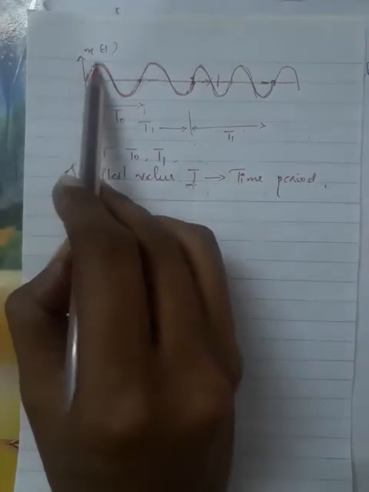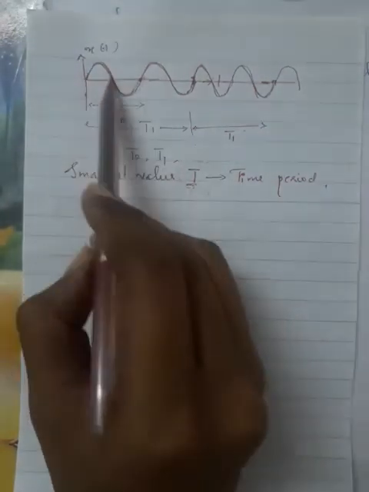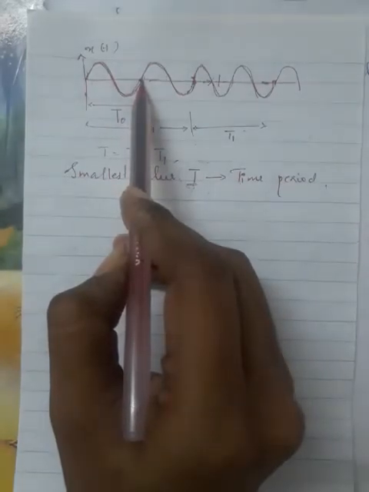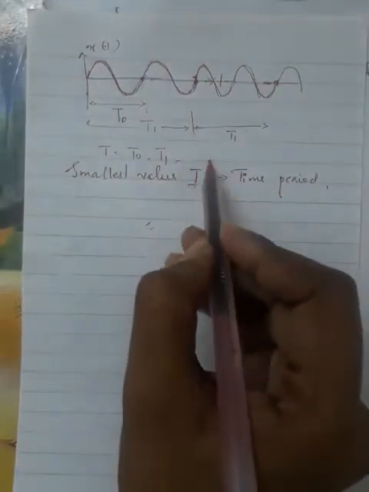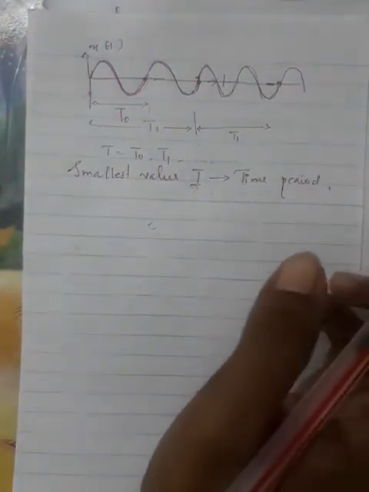Sine wave consider ചെയ്താൽ നമുക്ക് മനസ്സിലാവും ഇതാണ് ശരിക്കും നമ്മൾ പറയുന്ന one full cycle. So this is the time period. So for a periodic signal, the time period t is the time for one full cycle. So one full cycle will be completed during one time period.